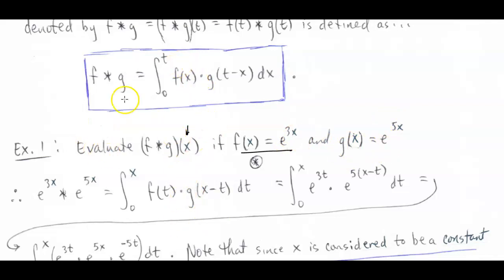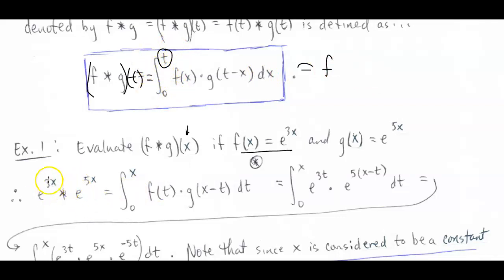So in doing this, I'll write it like this. Notice that whatever your variable is for the function that you're trying to convolve, that's going to be the same variable constant that you're going to put in the upper limits of integration here, okay?